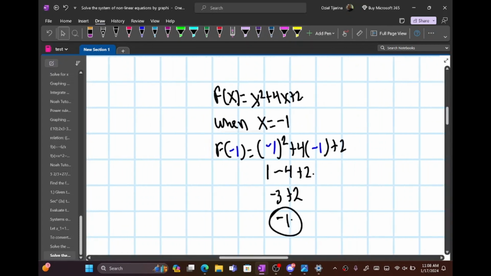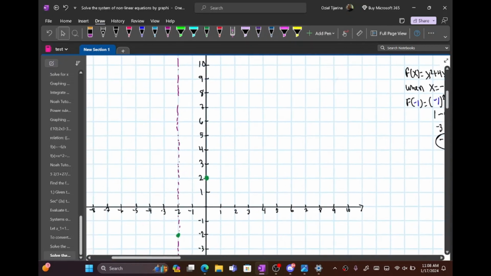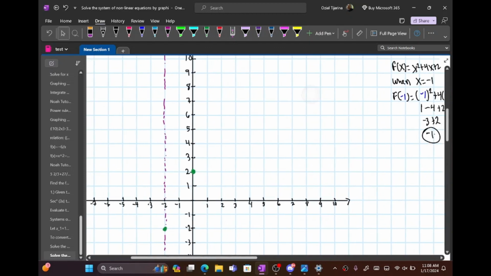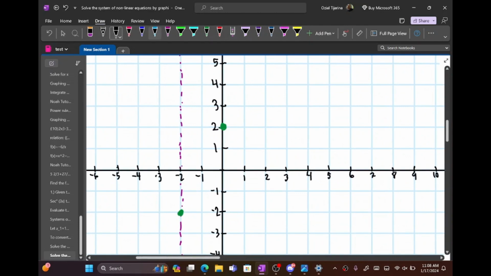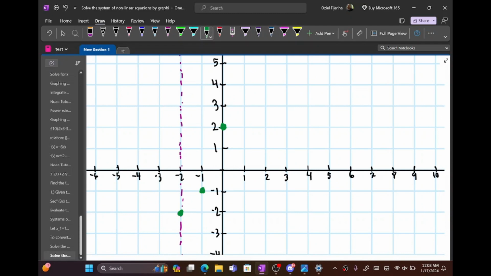So when x equals -1, y equals -1. It's kind of strange that it looks similar to -2, -2, and -1, -1.